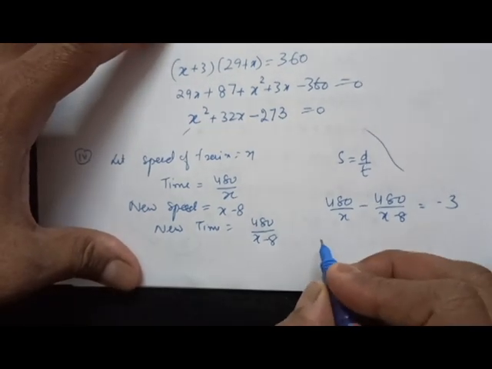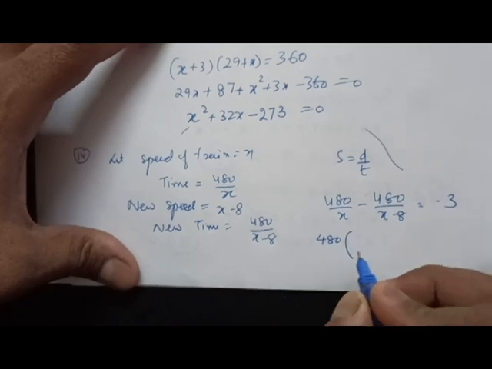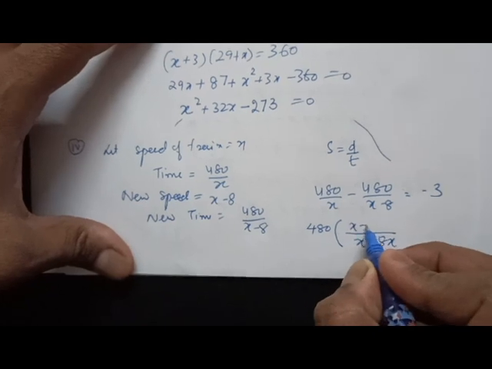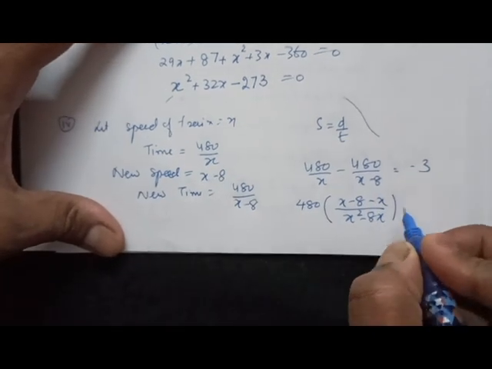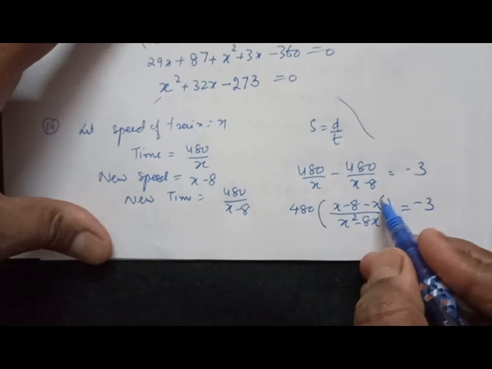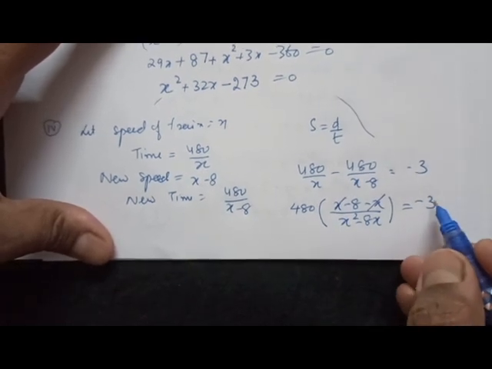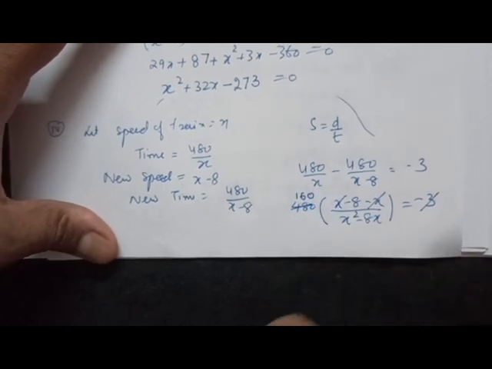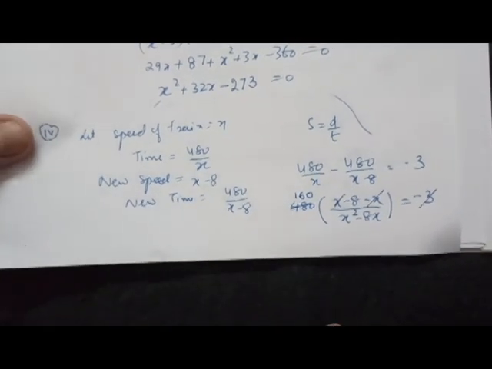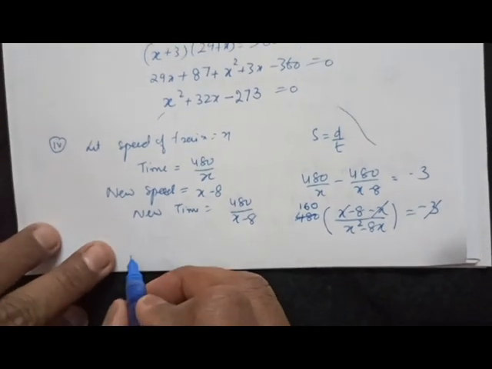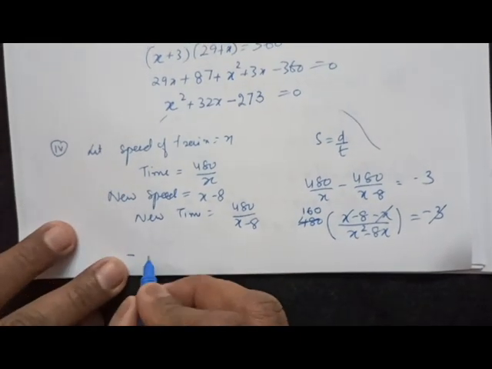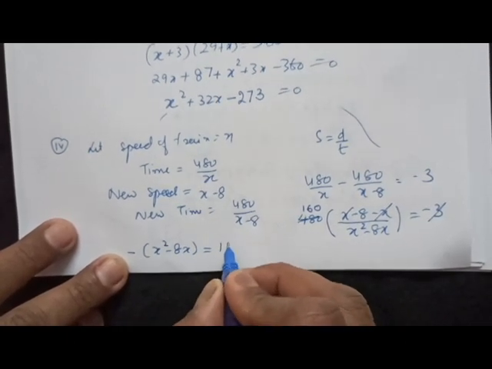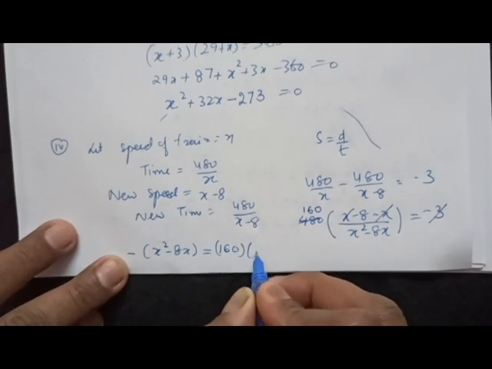So here we take 480 common. We can take the LCM, x square minus 8x, and this will become x minus 8 minus x is equal to minus 3. So x and x get cancelled. With 3 we can cancel 480. 3 1s are 3, 3 6s are 18 and 0. And we cross multiply this thing. When you cross multiply, you will get minus x square minus 8x is equal to 160 into minus 8.